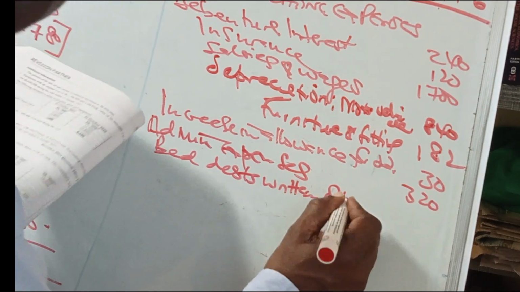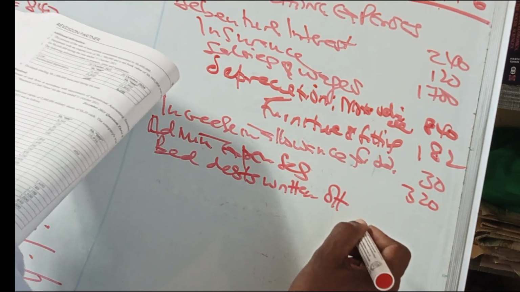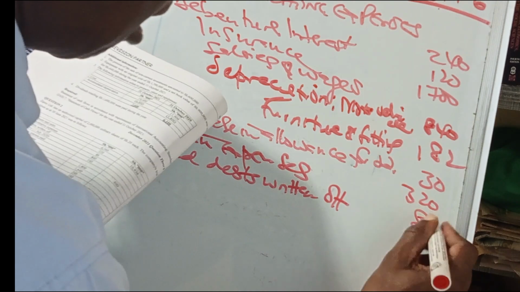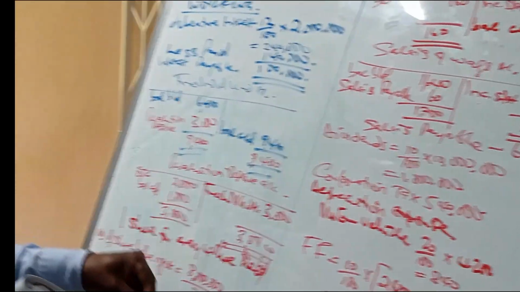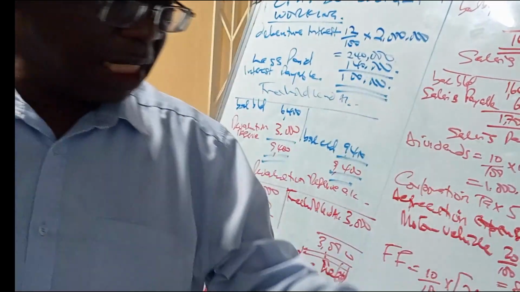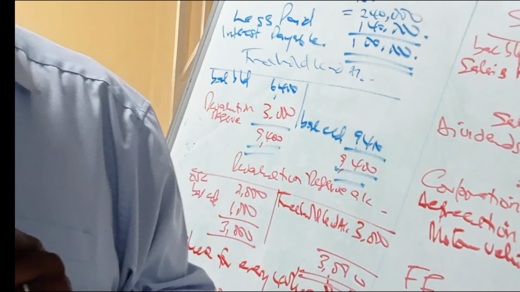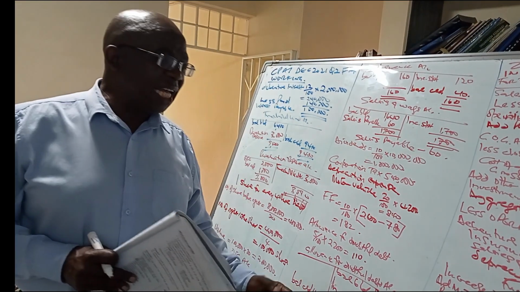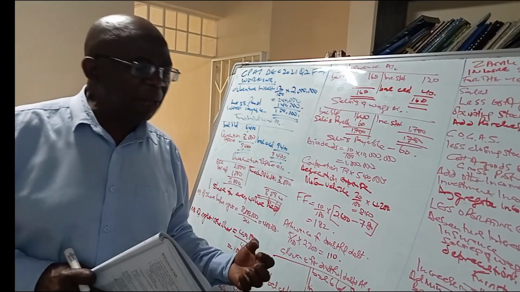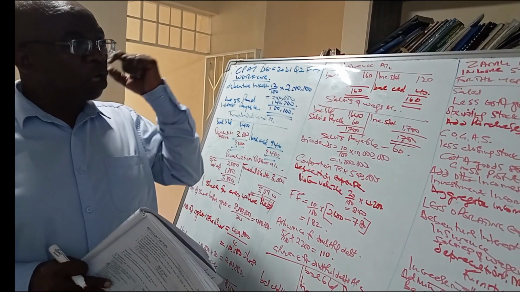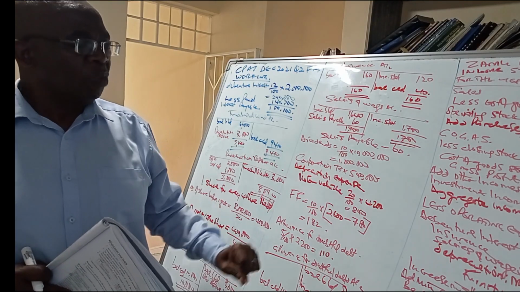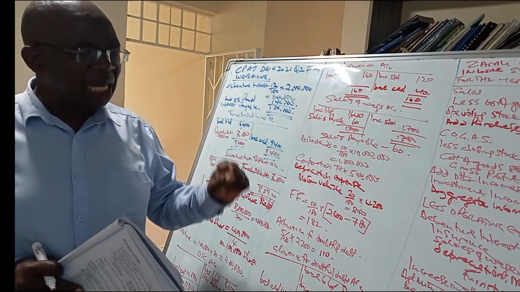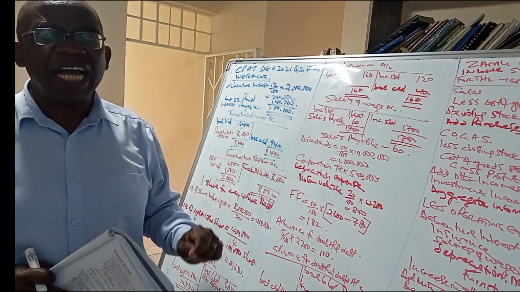Please note the difference between bad debts written off and provision for doubtful debts. Bad debts written off, we credited the debtor and we debited bad debts written off expense. But provision is literally, just as the word says, a provision. After writing off what we knew was completely irrecoverable, we say for the remaining debtors, we provide for it.